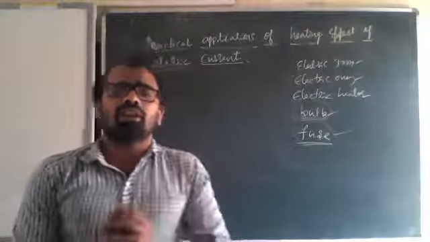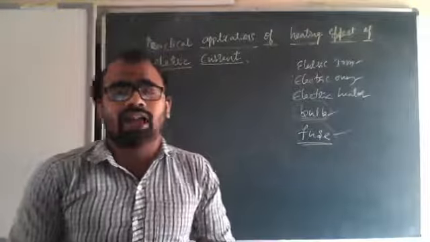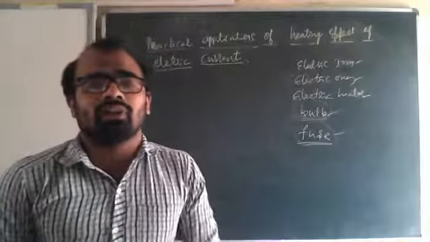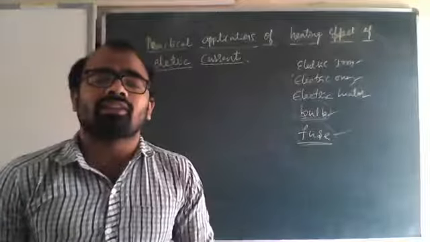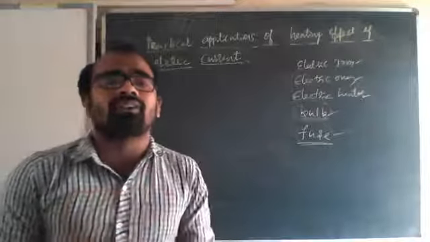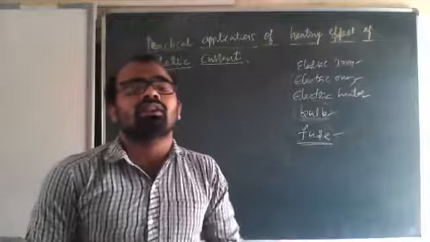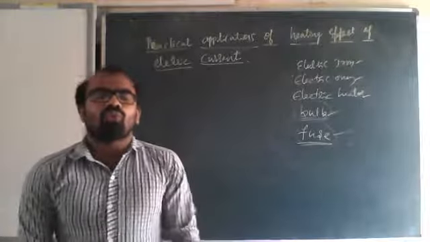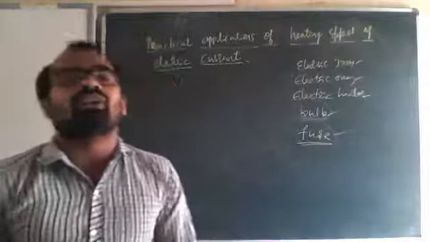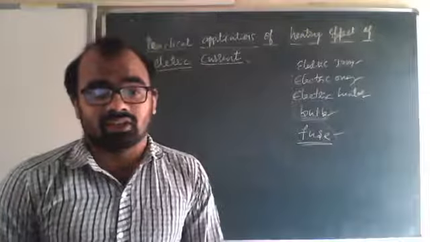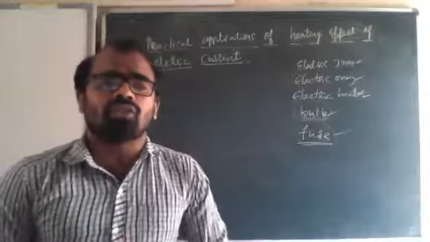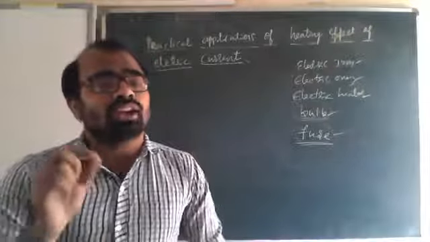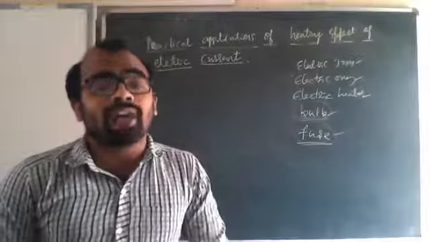All the heat energy that goes to the bulb will be absorbed by that wire, and after a certain time that heat energy will start emitting light. So most of the heat energy gets converted into light energy. But a lot of heat energy is coming, so the tungsten material should have a high melting point.